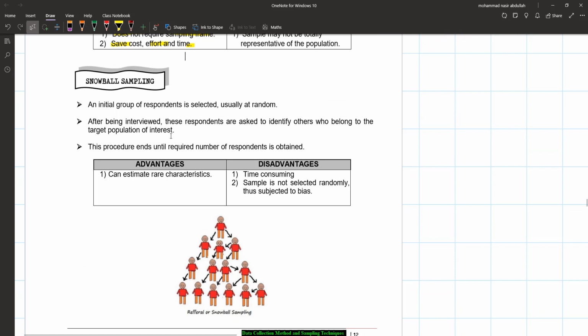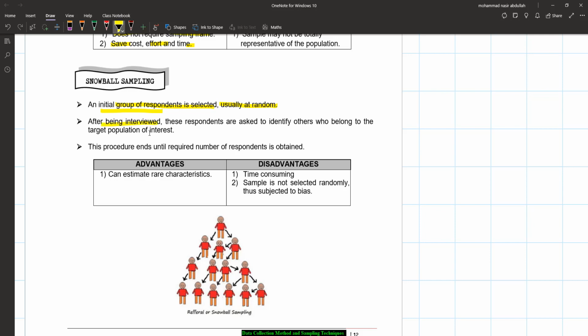And the last non-probabilistic sampling technique is the snowball sampling technique. Right? Okay, this is different. Dia konsep snowball, maksudnya based on recommendation of the respondent, right? So the initial group of respondents is selected, usually at random or by convenience, because this is under convenience sampling techniques.